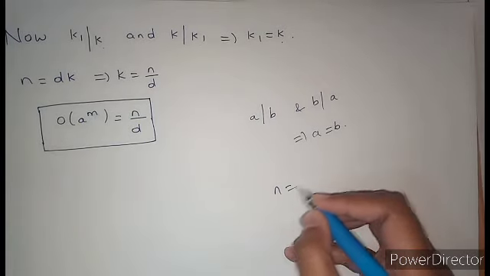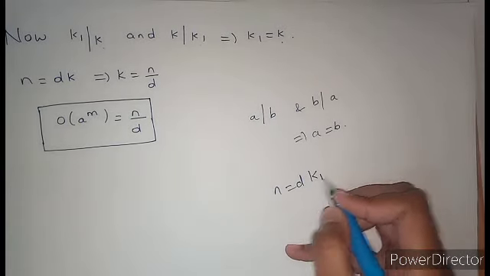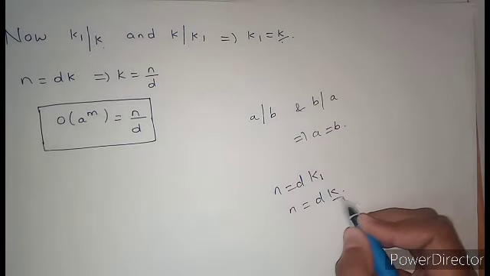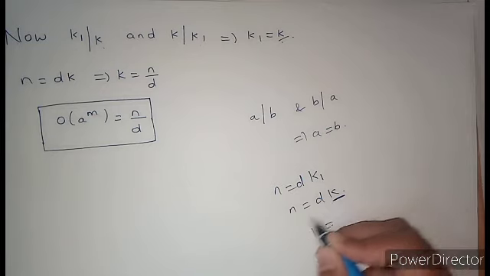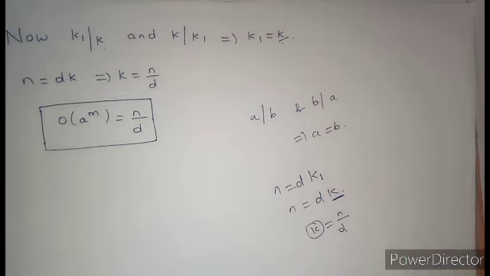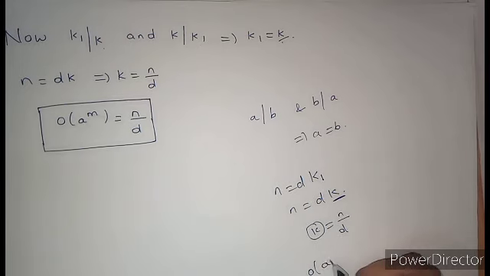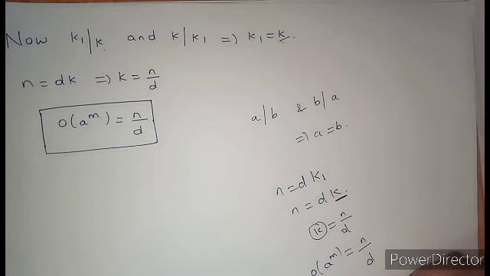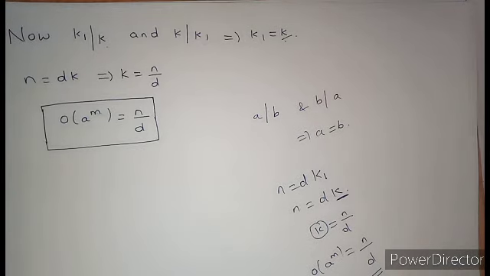Here n is equal to dk1. We have got k1 as k, so n is equal to dk. That implies k is equal to n by d. K is the order of a^m, so the order of a^m is equal to n by d. Hence the proof. I hope you understood this theorem. Thanks for watching. In the next video, we will discuss coset decomposition of a group.